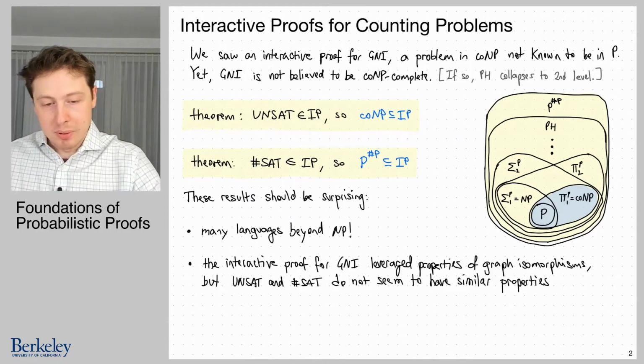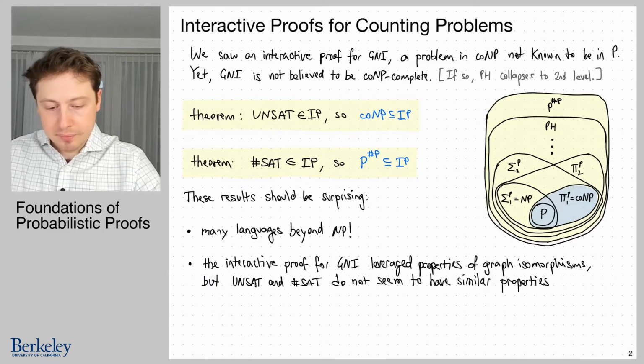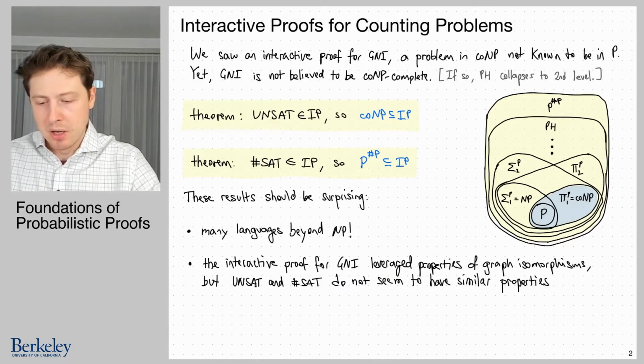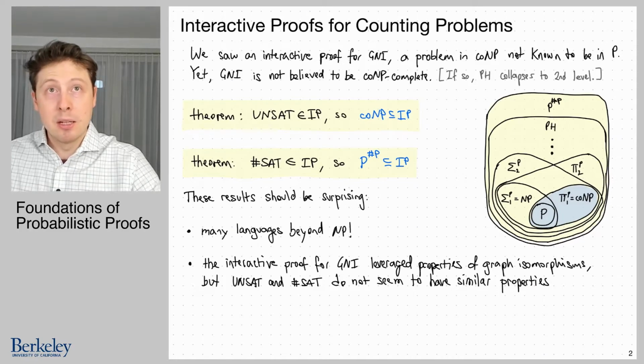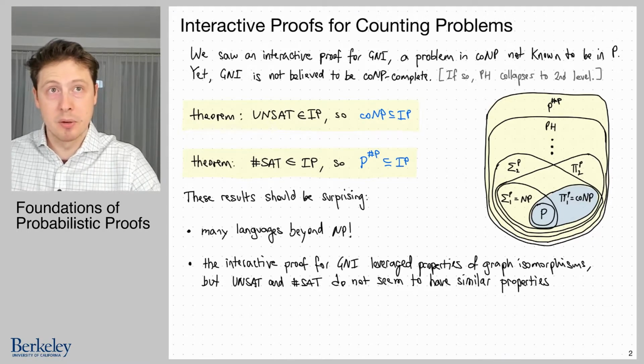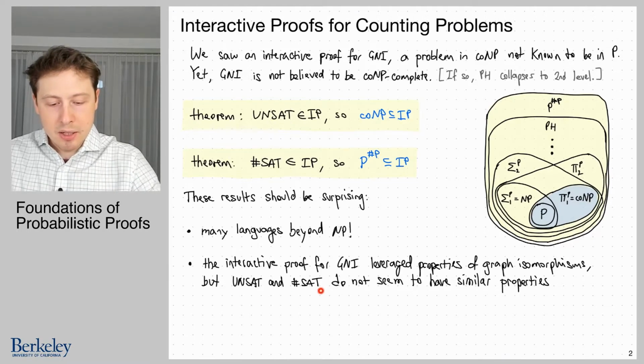Another thing that should be surprising about these theorems is that the intuition for the interactive proof for GNI from last time made explicit use of special properties of graph isomorphisms: if you take a random permutation and apply it to a graph, then you're fully randomizing the graph within its equivalence class. Now, with a Boolean formula, it's unclear what you would do.